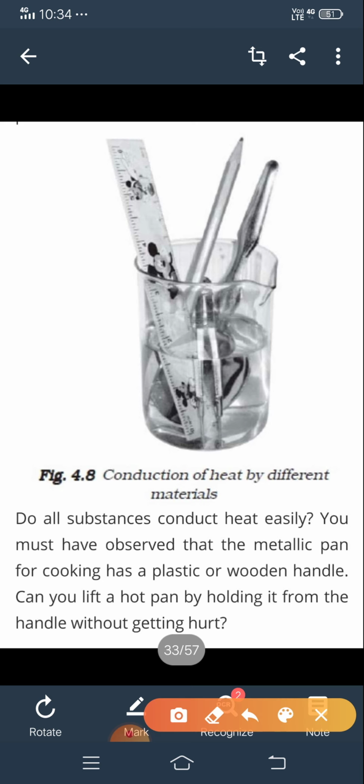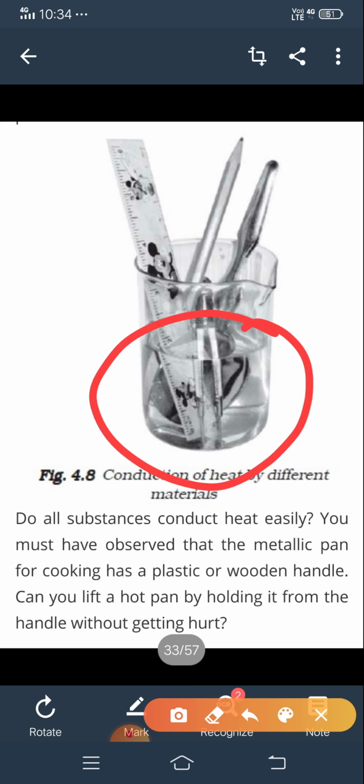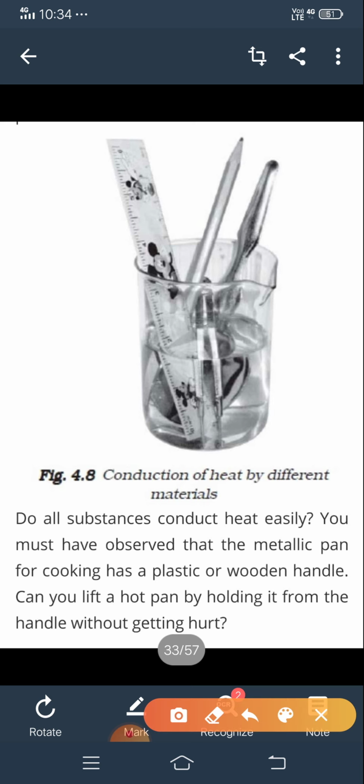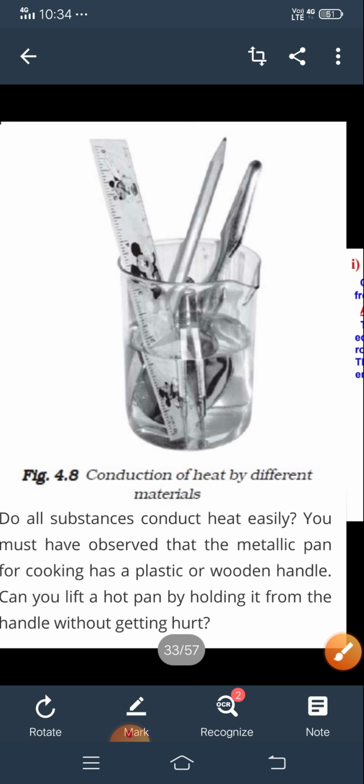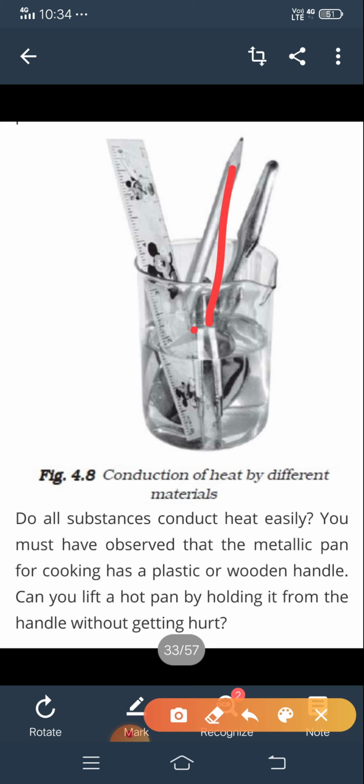Take one beaker and put in some materials that are conductors and insulators, for example a plastic scale, pencil and divider. You can take a pen too.